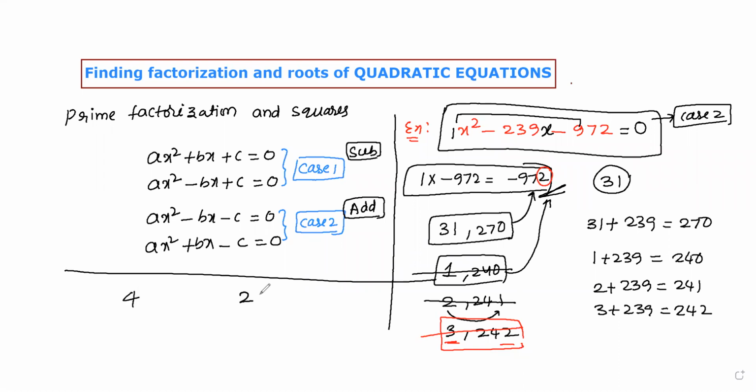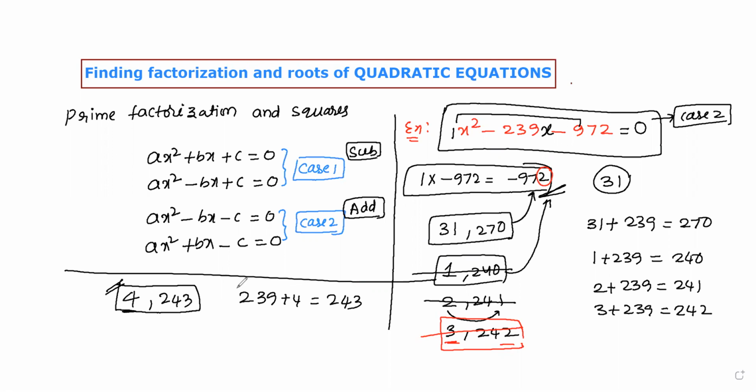So 4 and 239 plus 4 gives 243. Now see, the product of these two numbers is ending with 2, and 972 is also ending with 2, and the product is also matching. So that is the reason this is my perfect combination.